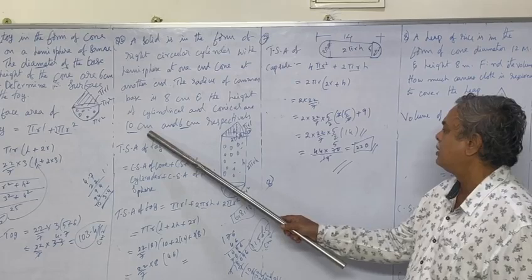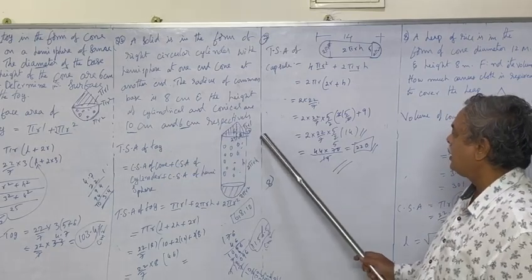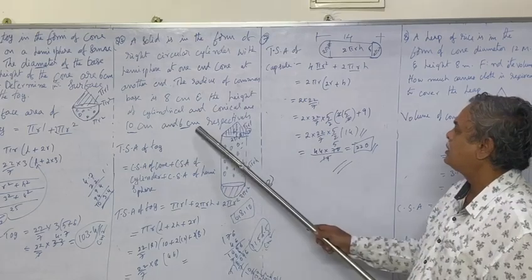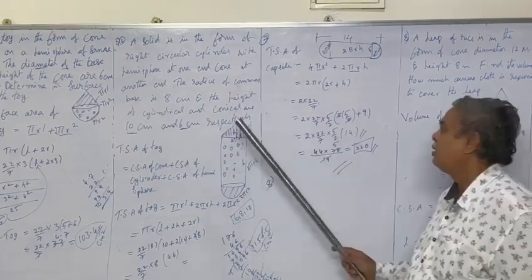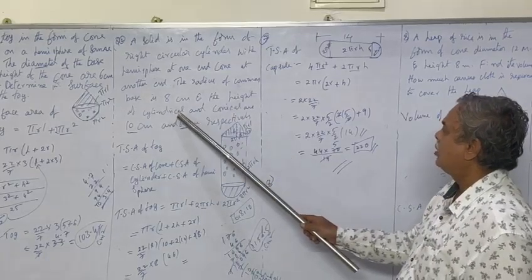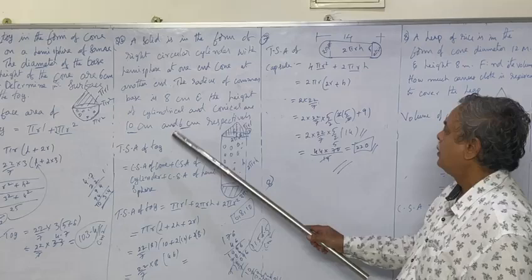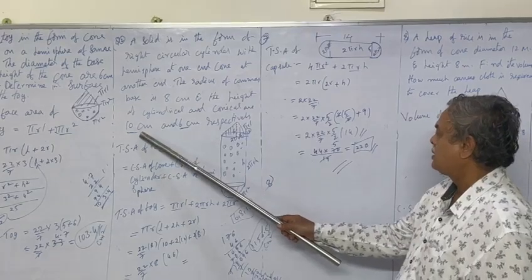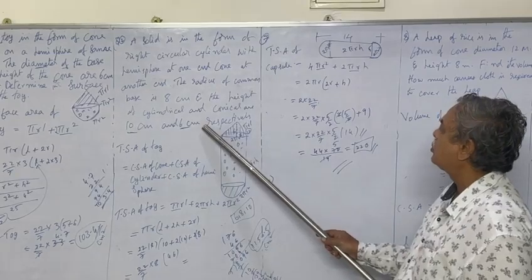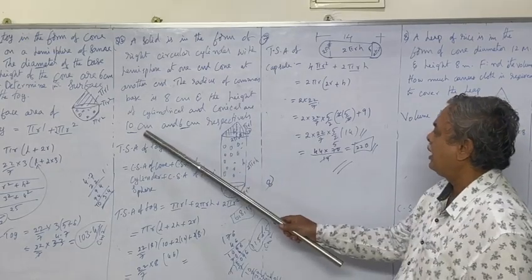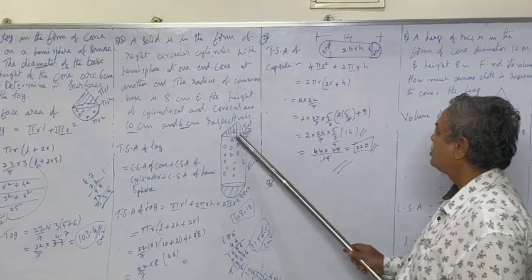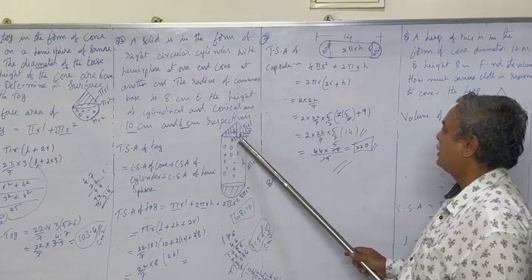First the cylinder is given, cylinder height 10 centimeter and cone height 6 cm.